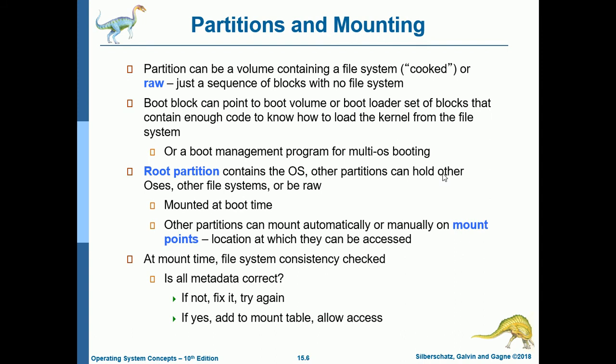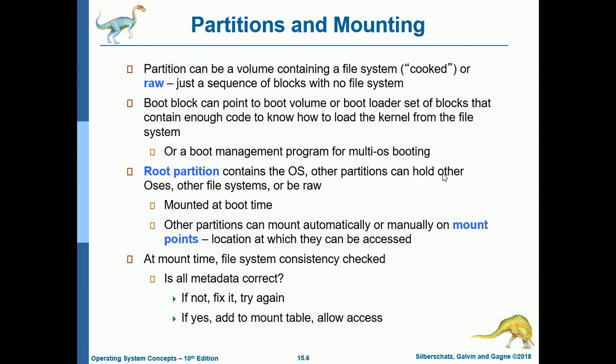Okay, next we have partitions and mounting. A partition can be a volume containing a file system. File system means it's cooked, meaning, for example, for a house, if you have a file system, there is a corresponding space for each of the parts of the house, or raw. Raw means it's just a space, a sequence of blocks with no file system.